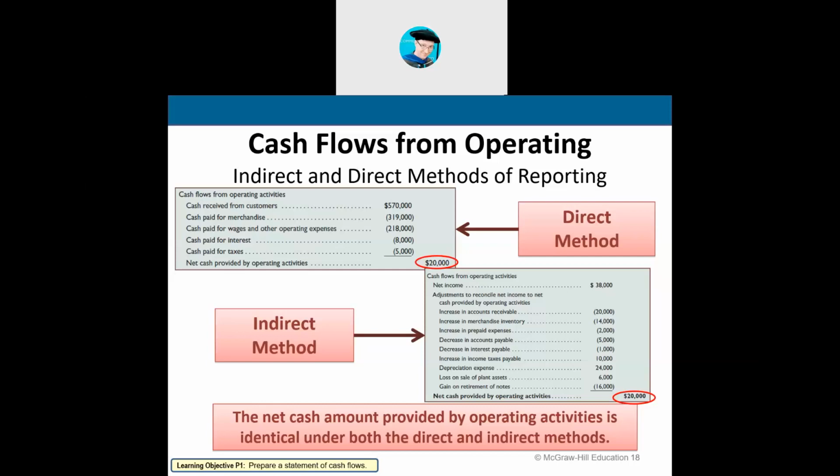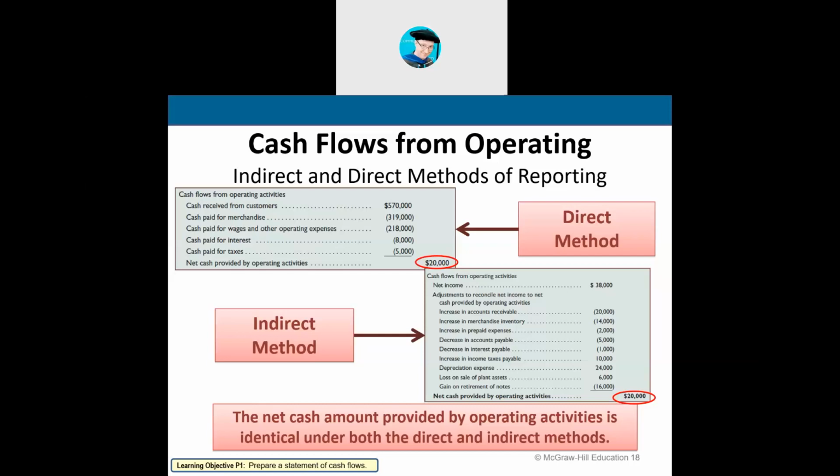Increase in accounts receivable gets subtracted from your net income, minus purchases of inventory, minus prepaid expenses, minus accounts payable, minus interest payable, plus income tax payable, plus depreciation expense, plus loss on the sale of plant asset, minus gain on retirement of notes, equals net cash provided by operating activities.